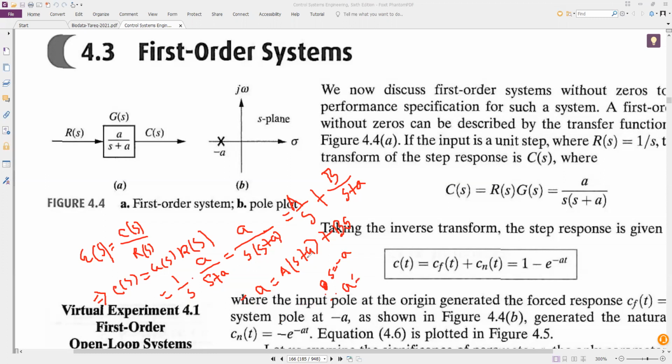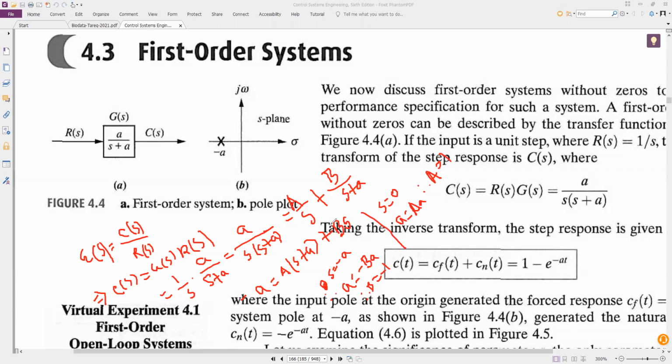A is equal to, this one would be 0, minus B a. So B is equal to minus 1. Again, if you put S is equal to 0, then what would happen? A is equal to a. So therefore capital A is equal to 1.